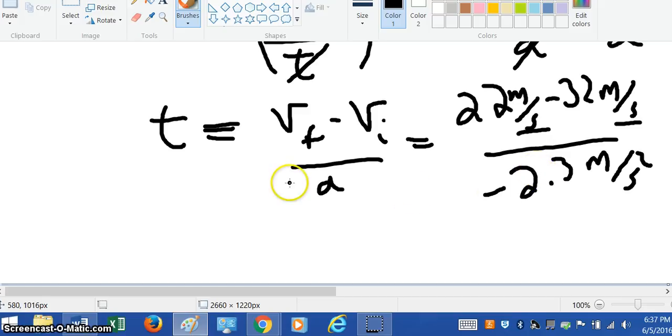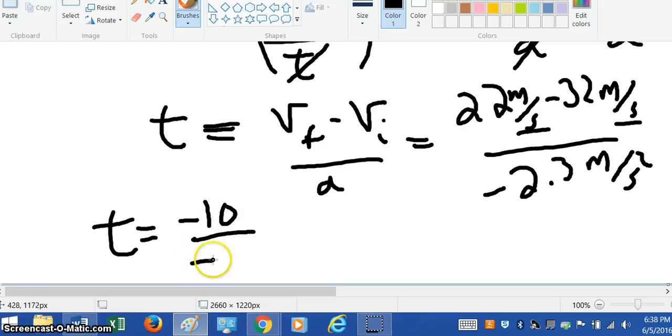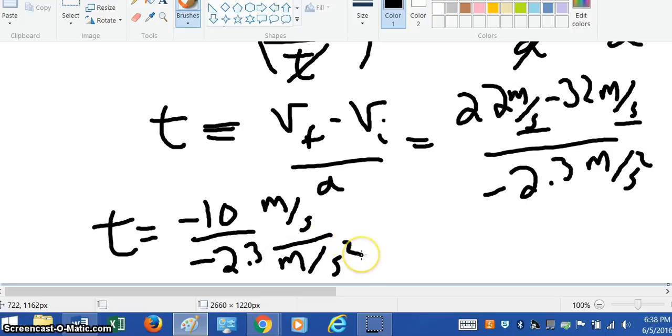Let me do that right here. So the time is equal to 22 minus 32, which is minus 10 in terms of the numerical value, divided by minus 2.3. And we have meters per second divided by meters per second squared. Notice the negatives cancel.